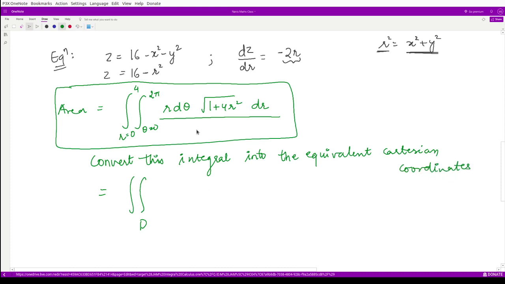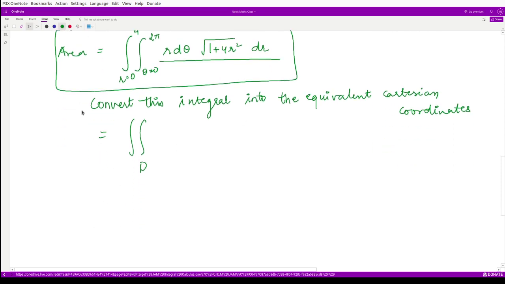In that case, if you remember, we have this relationship which tells you that the double integral in Cartesian coordinates, suppose you have some function of x and y with these limits for x and y, and you have dx dy, this integral is equal to the integral in polar coordinates.